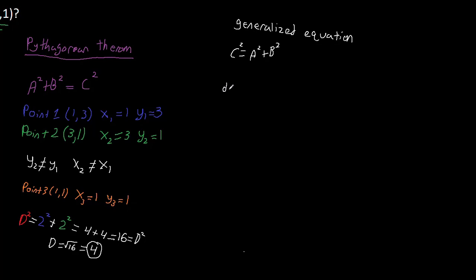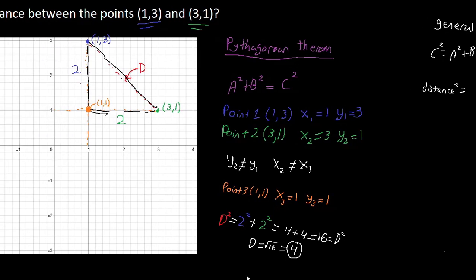So let's replace it: distance squared equals, well, what was a? If we go back over to here, a in this case was 2. a was the difference between this point that we were given and this point that we sort of created to make things easy on ourselves.